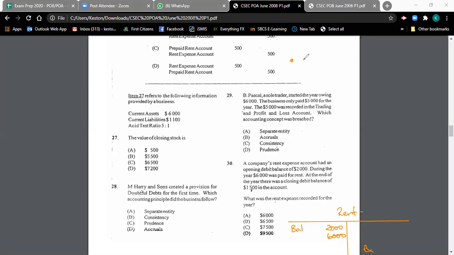Sorry, putting it on the wrong side again. My balance brought down would have been on this side, and that would be the 1,500. So that means the balance carried down would have been on this side.